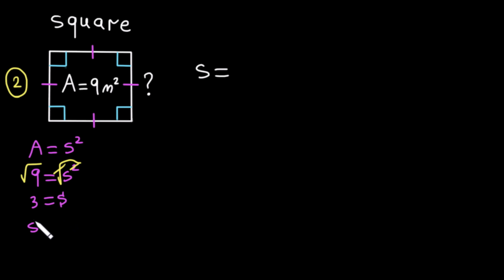So s equals 3 meters. So we found the side of this square using the area. Now let's take another example.